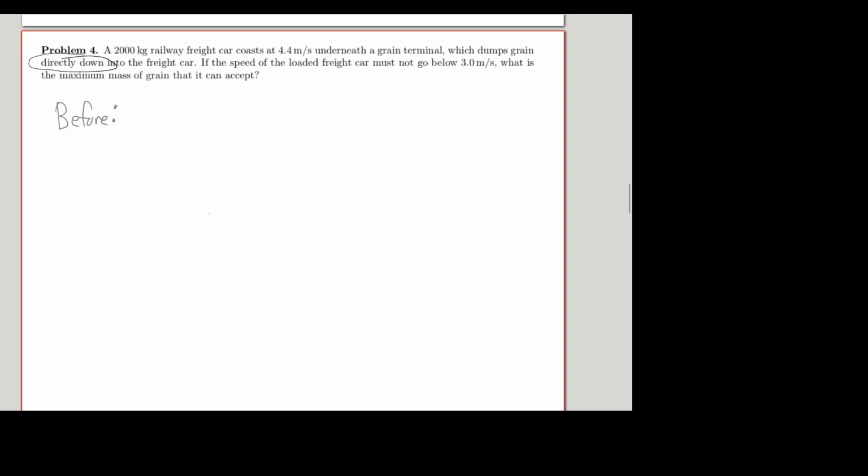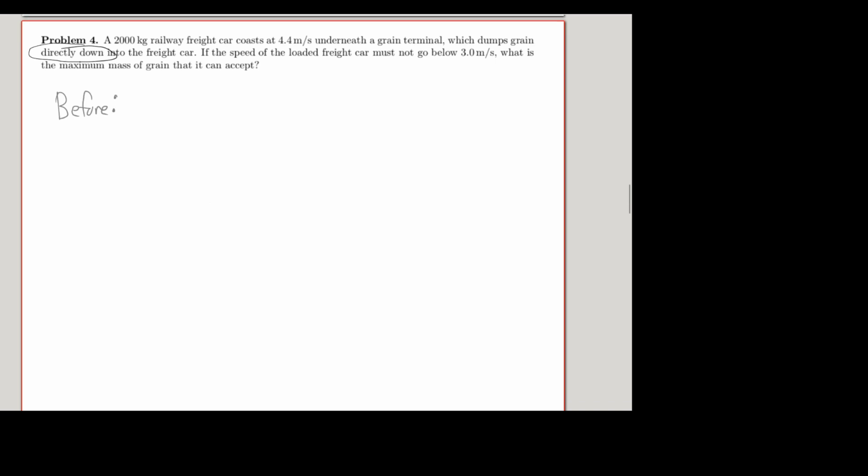Before, I have some railroad car with some mass moving at some initial speed of 4.4 meters per second.